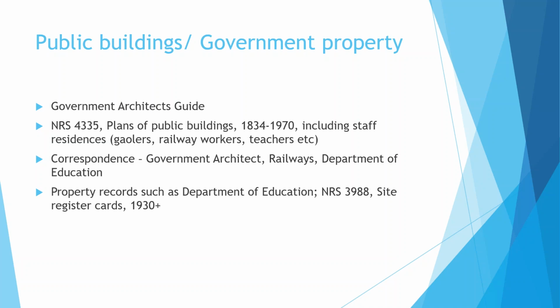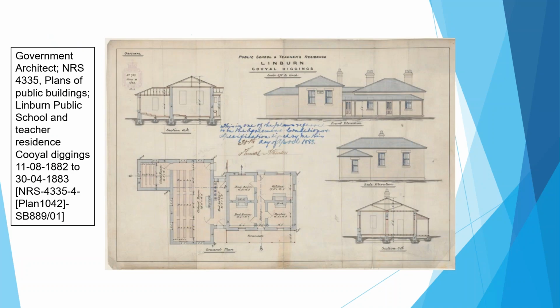We've got plans of public buildings, including staff residences. There's also correspondence about the building of the public buildings and other sorts of property records from different government departments about properties that the different departments owned over time.